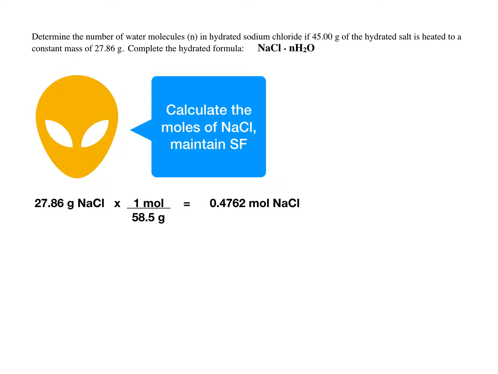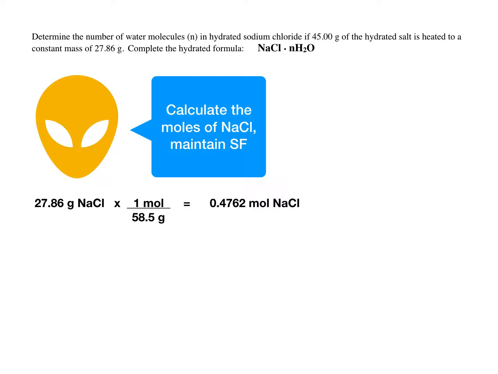Multiply numbers across the top, divide by any number down below, and we end up with 0.4762 moles of NaCl. Try to maintain sig figs. Our starting mass of NaCl, 4 significant figures. Therefore, I recorded the number of moles of NaCl also with 4 significant figures.